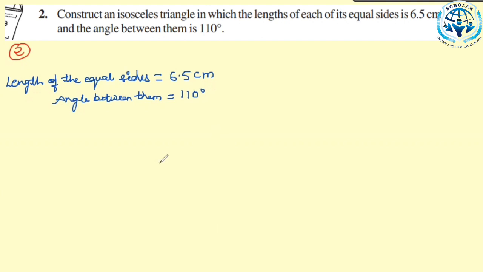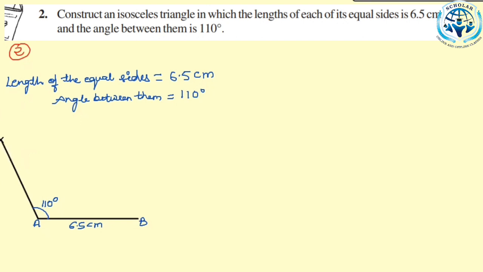First of all, we will draw a line of 6.5 centimeter and draw an angle of 110 degree. This line is AB, which is equal to 6.5 centimeter. In this rough sketch, the point C is above. Now we will extend the line as AC, and AB both are equal because the angle lies between the two given sides. So we will extend it to make AC like this.